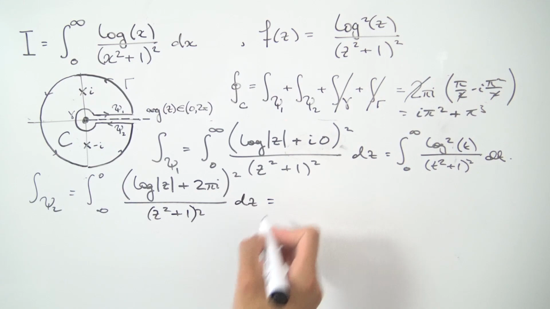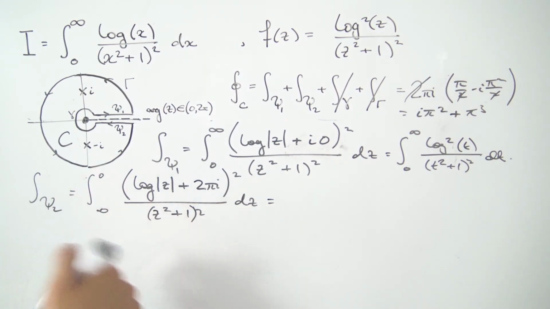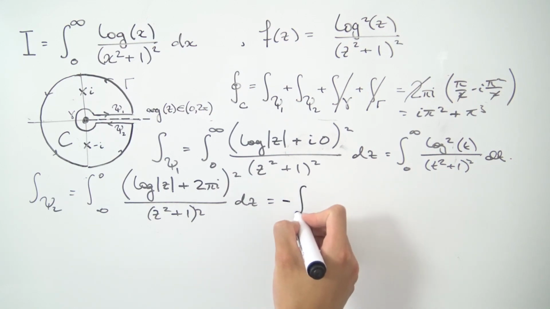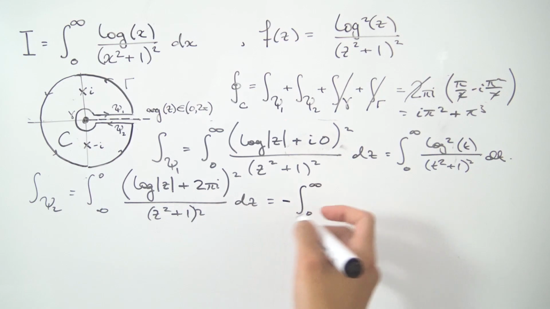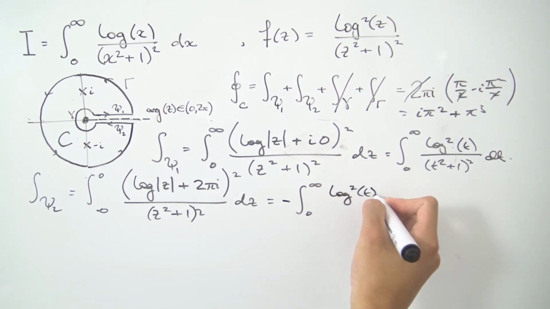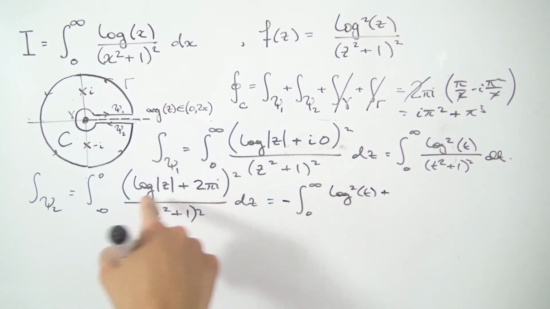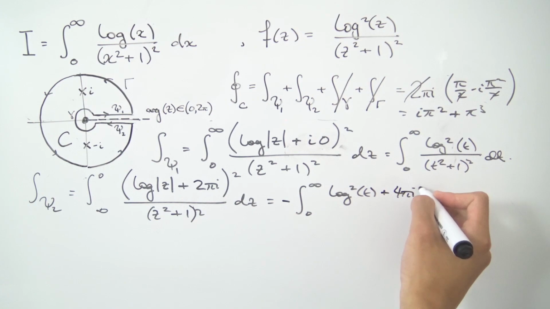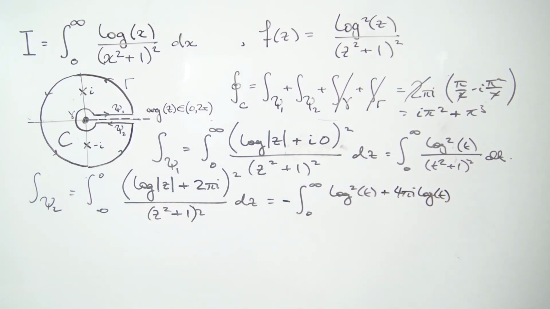And we could write this out a little bit. You could change the variables if you want. Let's flip the bounds, so this is negative integral from 0 to infinity of, let's expand everything in here. This is going to be log squared of t, plus 4 pi i times log of t, because this is the binomial expansion.